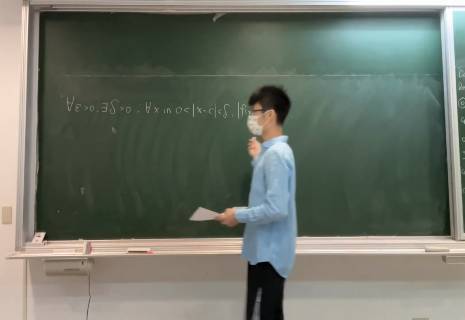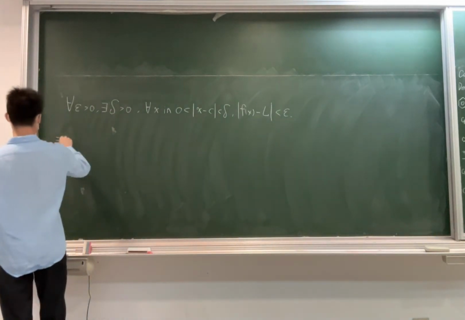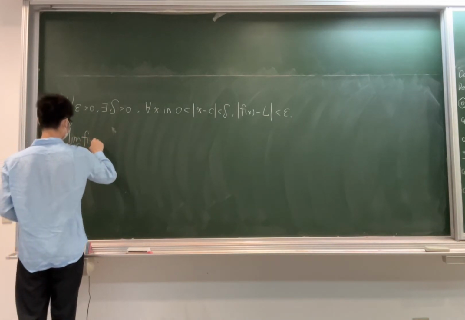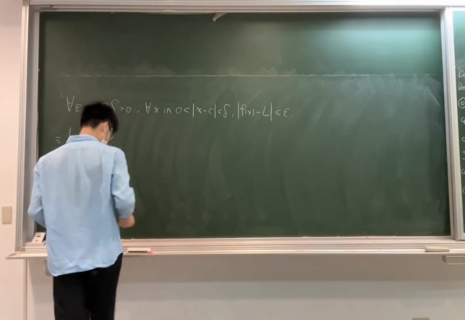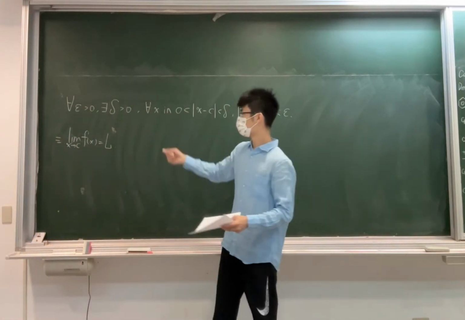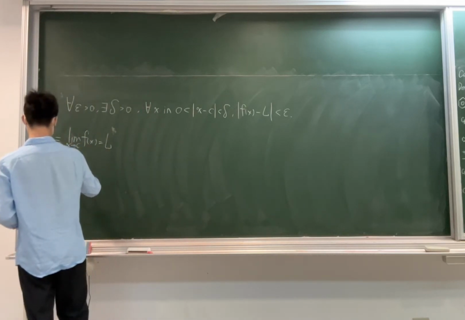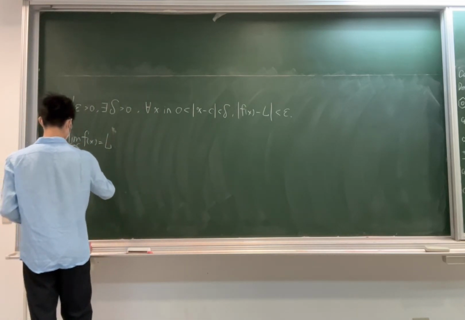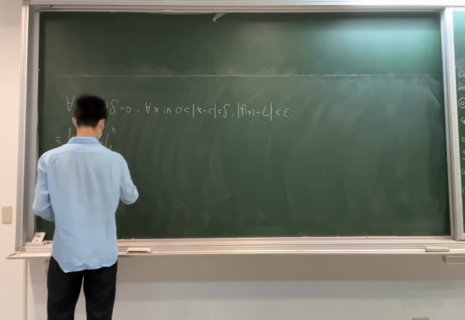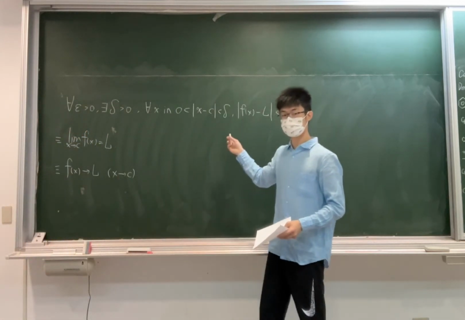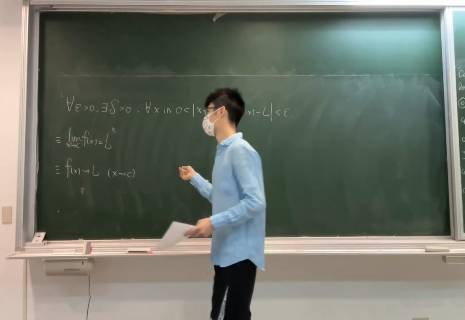This is the definition of limit x to c, f of x equals capital L. This notation is equivalent to the two that I just said, f of x tends to L when x tends to c. Okay, so this is called the epsilon delta definition.